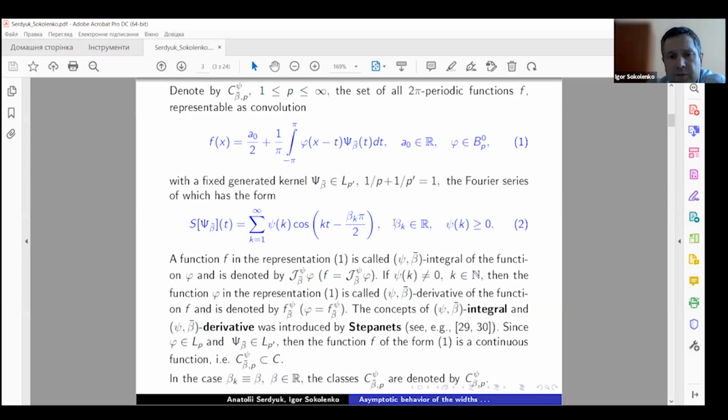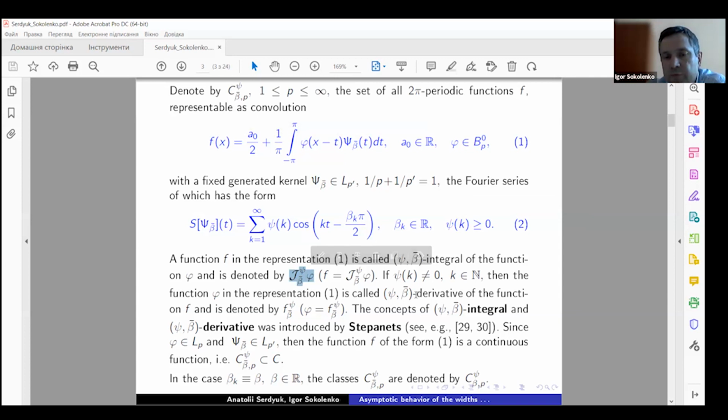Here, psi(k) is a sequence of numbers with psi(k) greater than or equal to 0. A function f in representation 1 is called the psi-beta integral of the function phi, and is denoted by J^psi_beta phi.